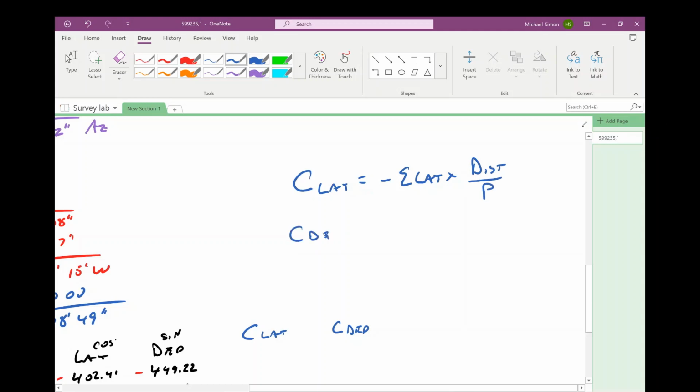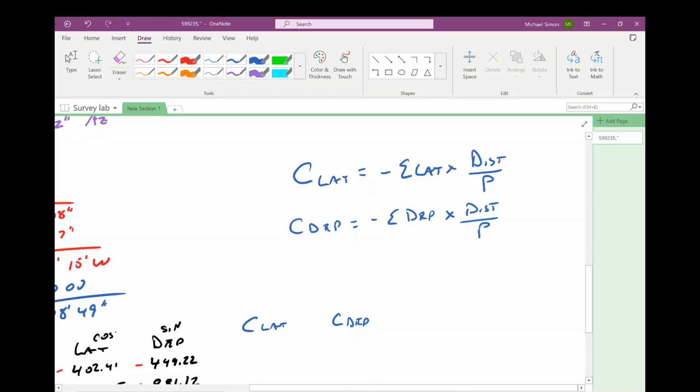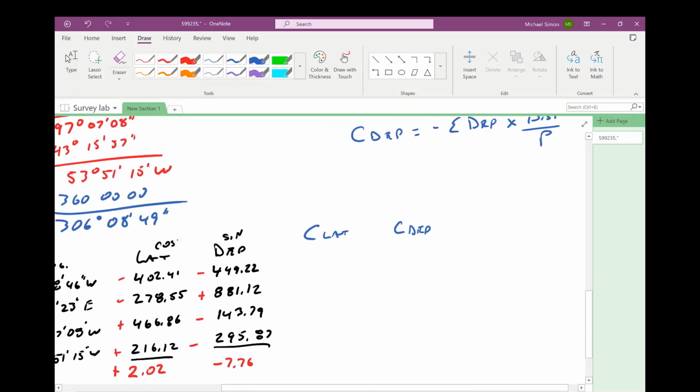And the correction of the departure is equal to the negative sum of the departures times the distance of the line over the perimeter. Again, I can't stress this enough. The negative sign is just to reverse the sum of the latitude. So if you get a positive sum, you want a negative correction. If you get a negative sum, you want a positive correction. We're just forcing this to go in the opposite direction to be closed.